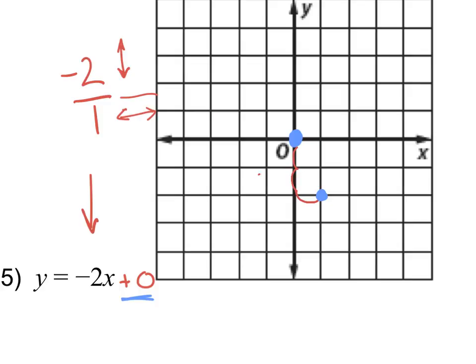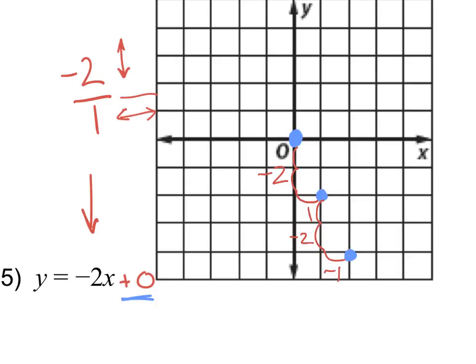You always put a 1 underneath it if it's a whole number, if it's not already a fraction. And you can make another point from there: down 2, over 1, bam.